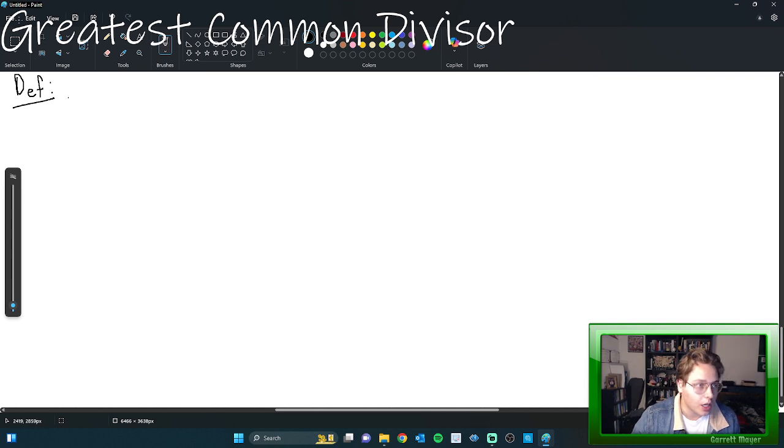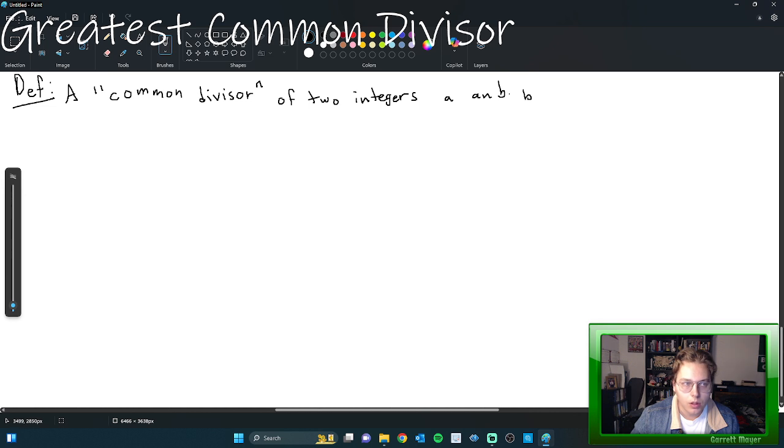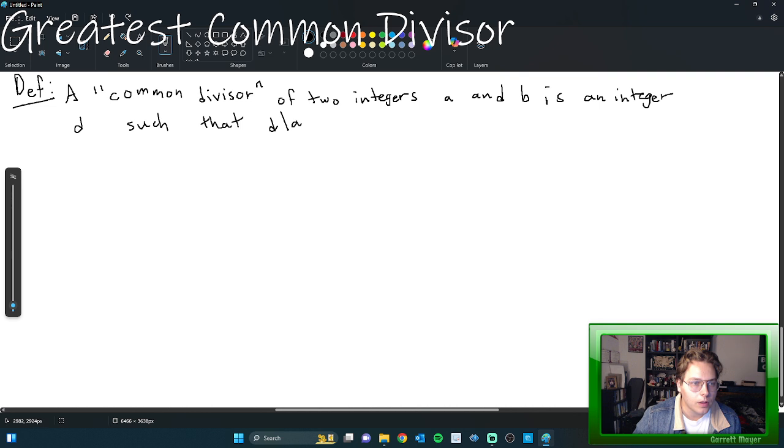But for the first definition, we're just going to talk about what a common divisor is. So a common divisor of two integers A and B is an integer D such that D divides A and D divides B. So this is pretty simple.